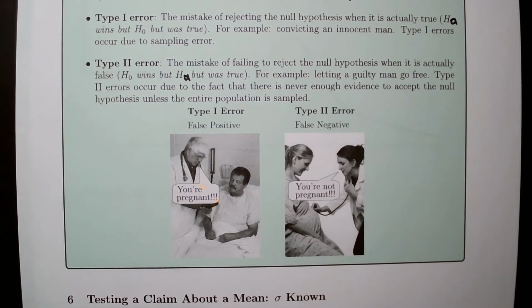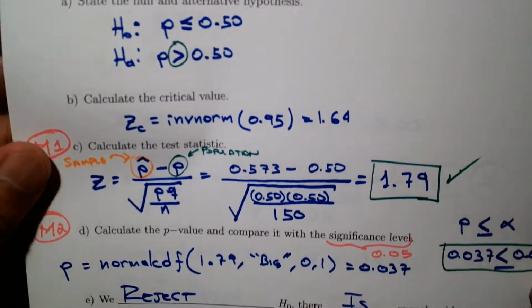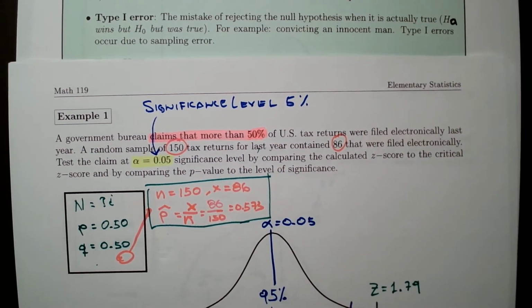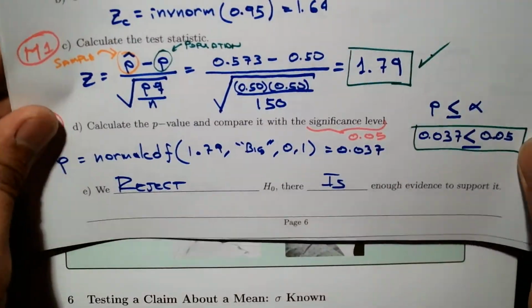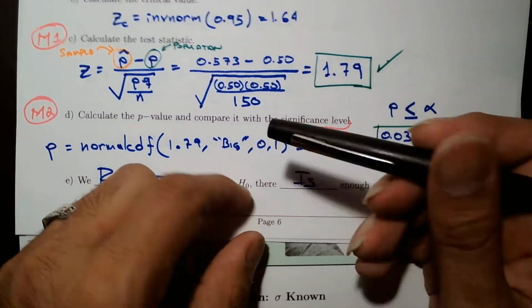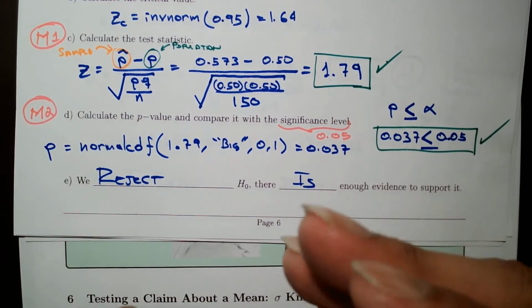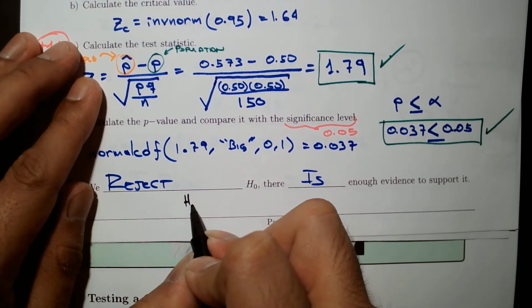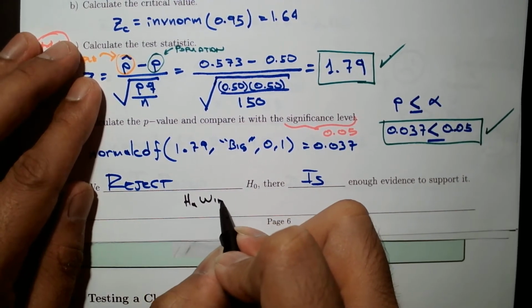So if we go back to the examples in the previous sections, for the first example, we rejected the null hypothesis because there was enough evidence to support it. In other words, HA wins.